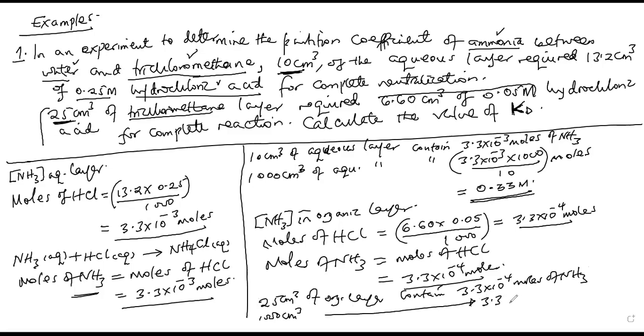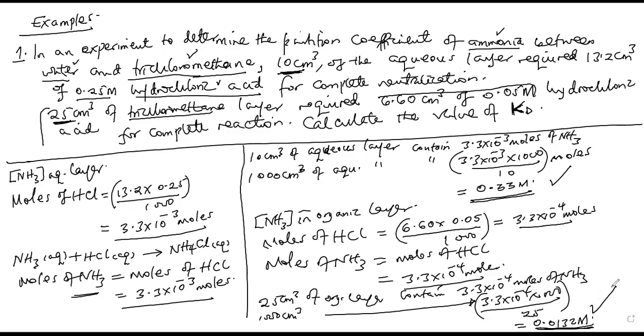So it will be 3.3 times 10 to the power negative 4 times 1,000 out of 25. You need to show all these statements where I've put a line. You do it from first principles, show all the statements. This will give you 0.0132 molar, the concentration of ammonia in the organic layer. So you have the concentration of ammonia in the aqueous layer and in the organic layer, but they want Kd. Are we together so far?